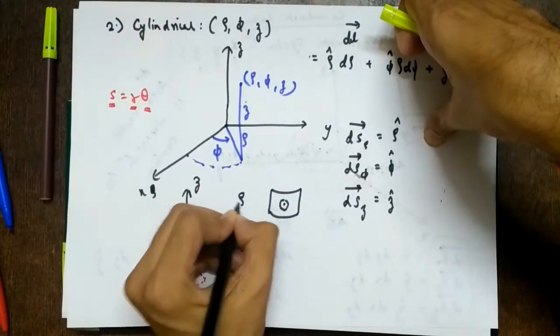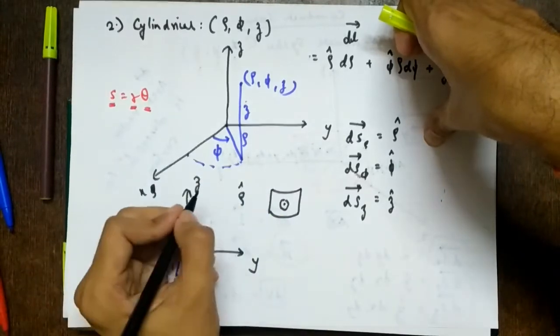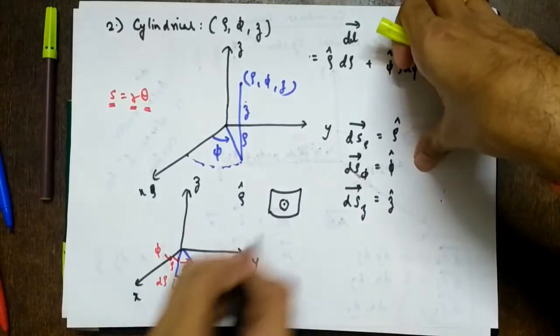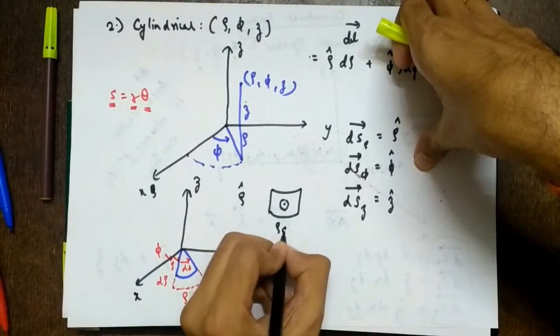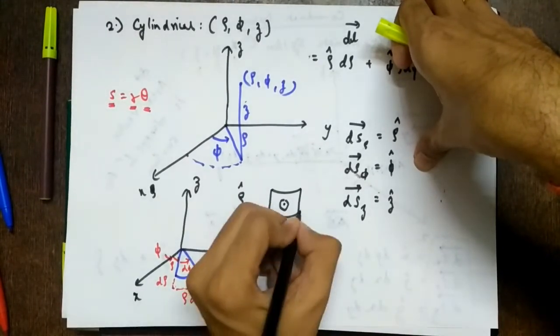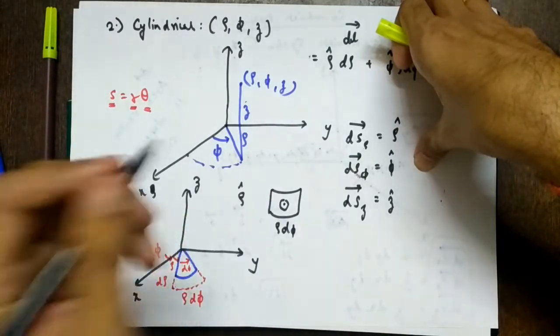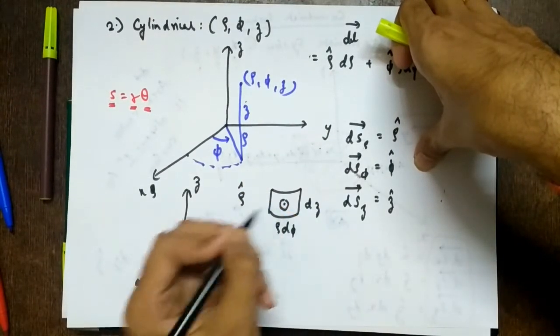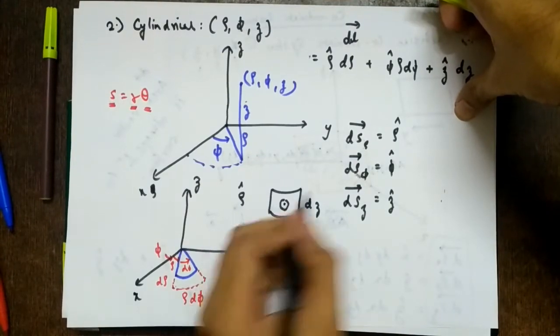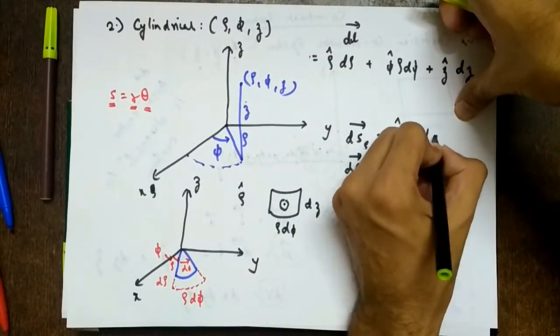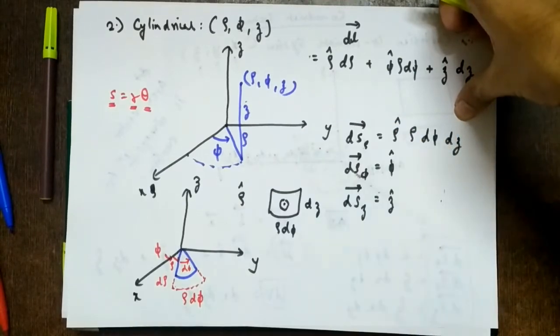This indicates rho cap direction coming out of the paper, towards you or towards the camera. This is the curved part, and we already know the curved part is rho d phi. And this is along the z axis. You imagine it is coming out. So this is dz. Variation is only dz. So what is the area? Area will be rho d phi dz.